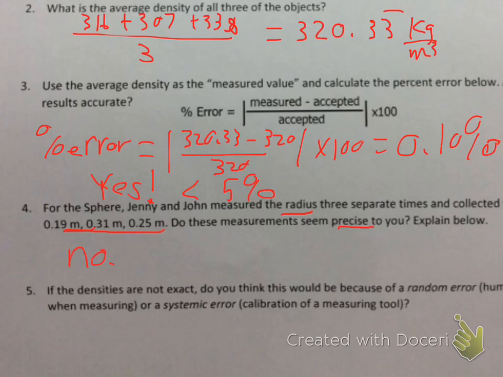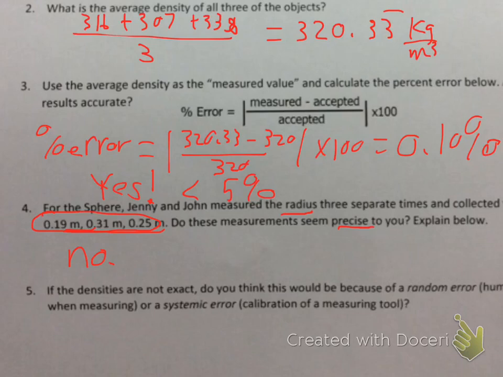Remember in the data table it showed the average measurement, which I had as 0.25. So if we add all 3 of these up and divide by 3, we will get an average of 0.25. But look how different they are.